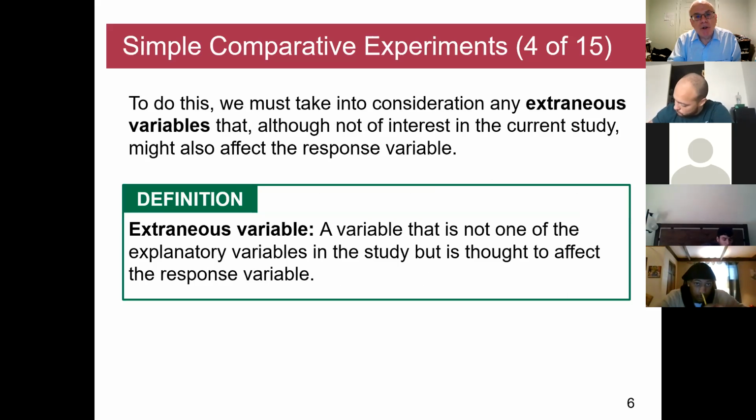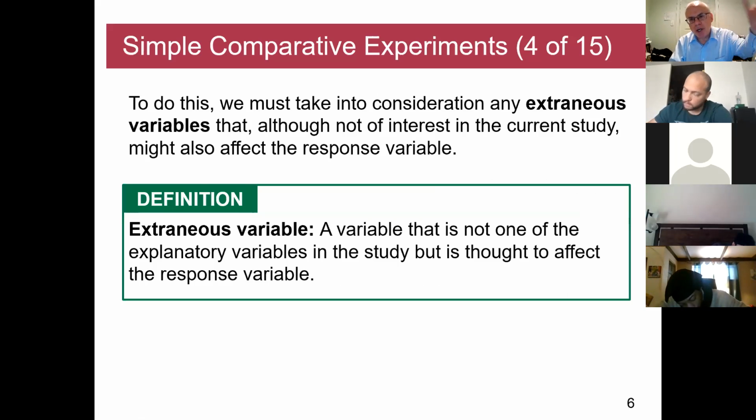So what are these other influences? Well, sometimes they're referred to as extraneous variables. The word extraneous means outside of something, right? So outside of the theory that you're trying to do the experiment on, some other influence could be affecting your results.